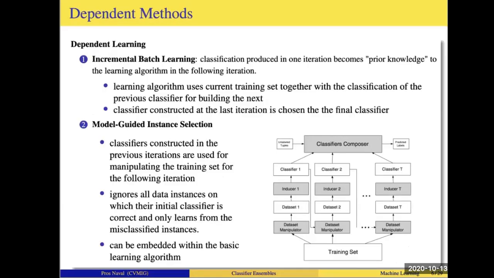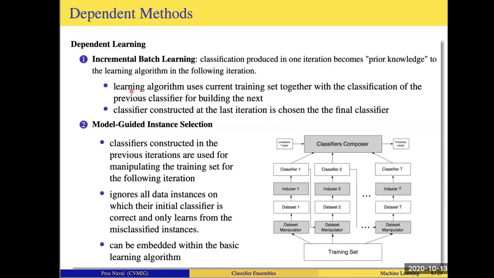Now let's tackle the dependent framework first. There are two main approaches for this framework: the incremental batch learning and the model-guided instance selection approaches. For the first one, the classification produced in one iteration becomes prior knowledge to the learning algorithm in the following iteration.